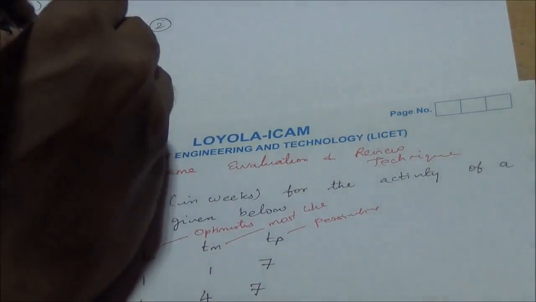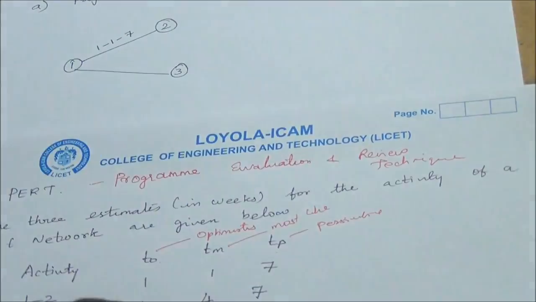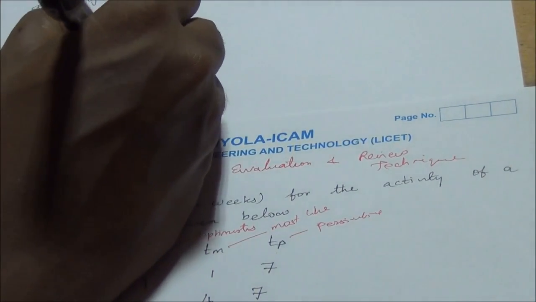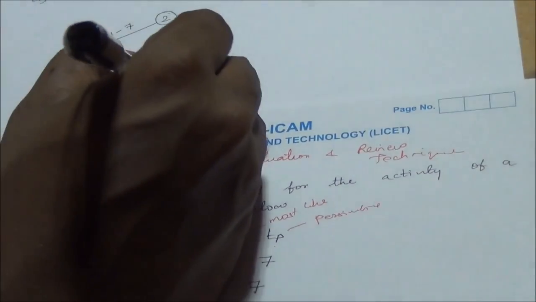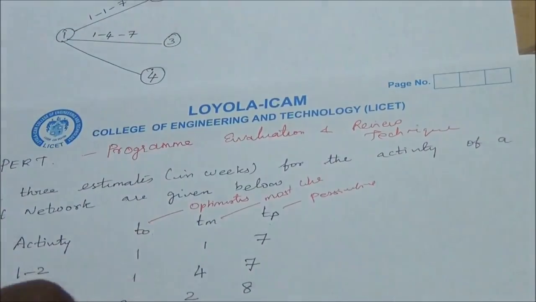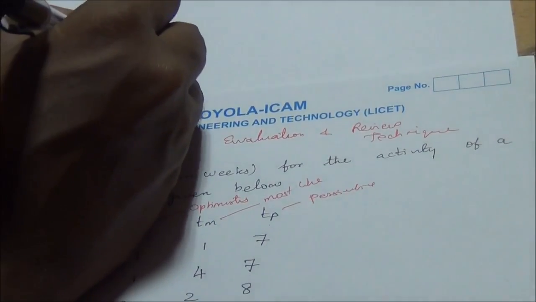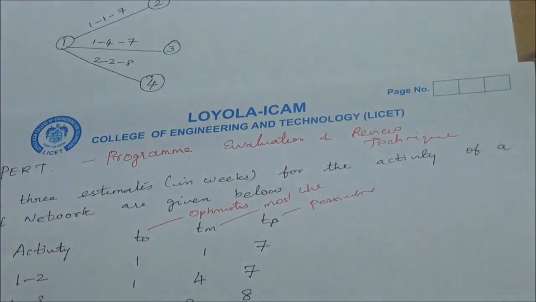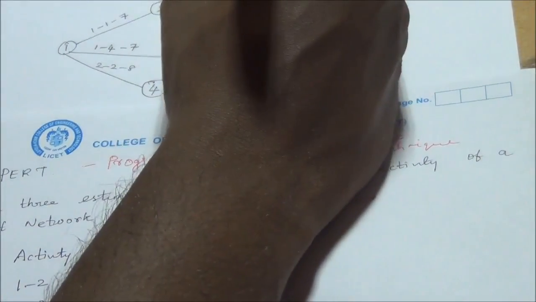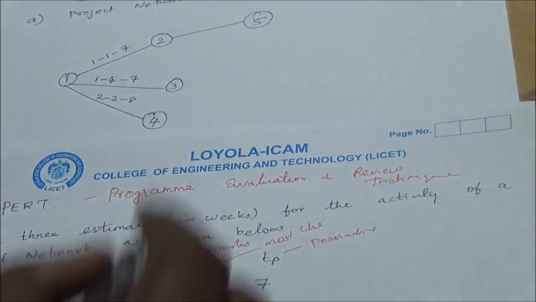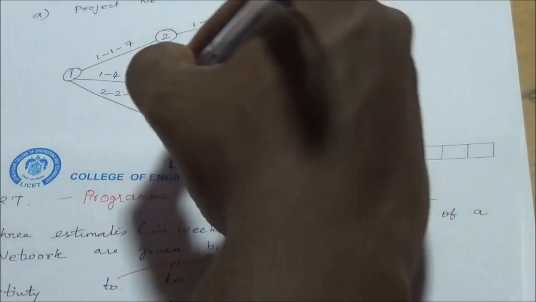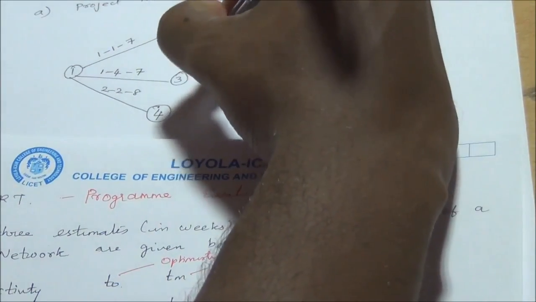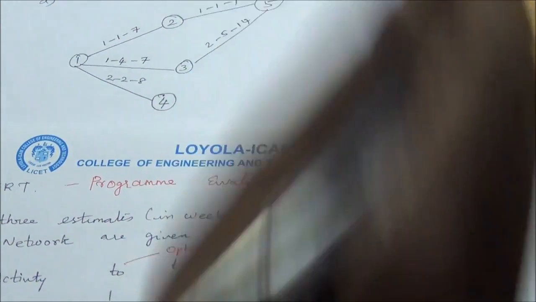From 1 to 3 we have 1 4 7. From 1 to 4 we have 2 2 8. From 2 to 5 we have 1 1 1. From 3 to 5 we have 2 5 14.